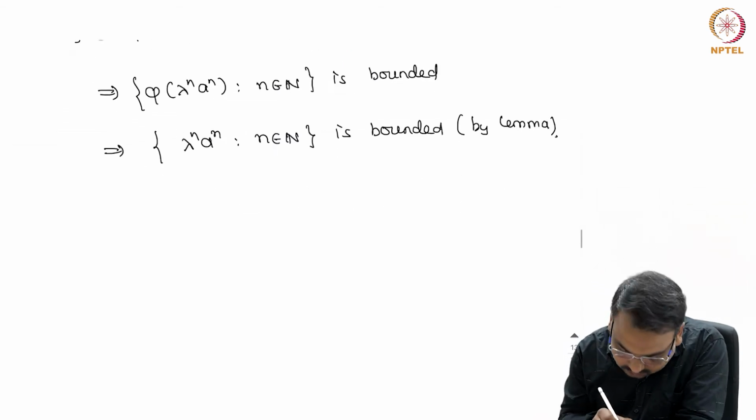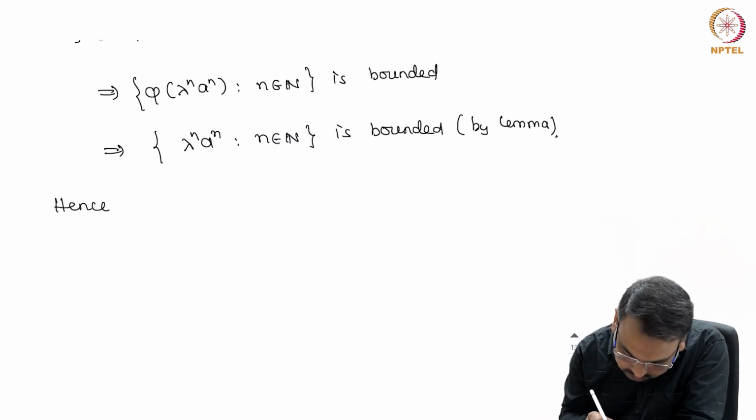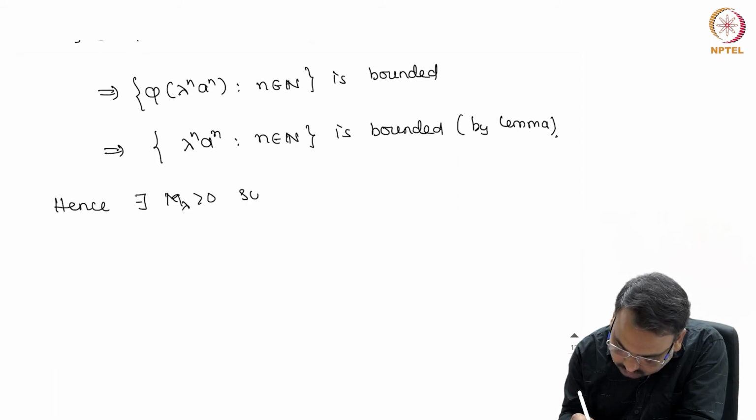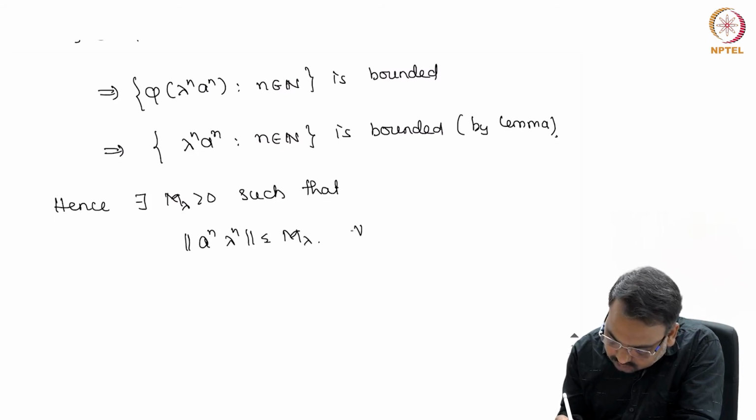Hence there exists a constant M_lambda such that norm of A^n over lambda^n is less than M_lambda for every n.